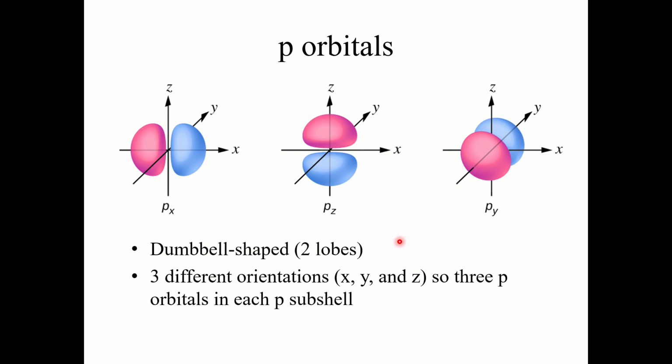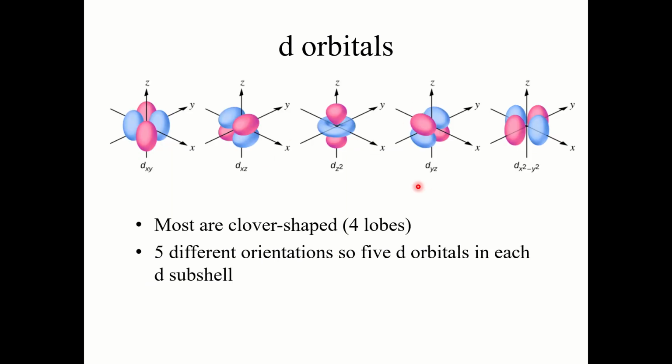In the second energy level, there are three p orbitals. In the third energy level, there are three p orbitals. In the fourth, and you get the idea. In each energy level, besides the first, there are three p orbitals, because of this shape, there are three different ways to arrange it in space.